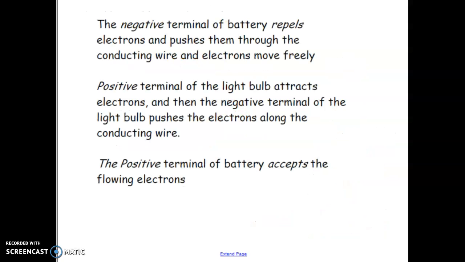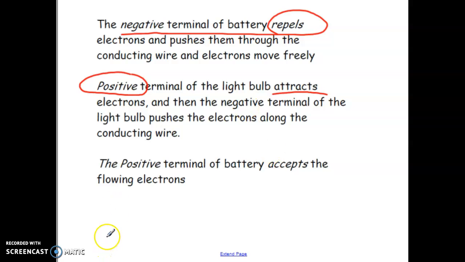So when we're talking about movement in a circuit, the negative terminal will repel electrons and push them through the wire, and the positive terminals will always attract electrons to come in. The same thing happens with the bulb. The negative terminal will push the electrons out of the bulb. The positive terminal in the battery will accept them and attract them into the battery.